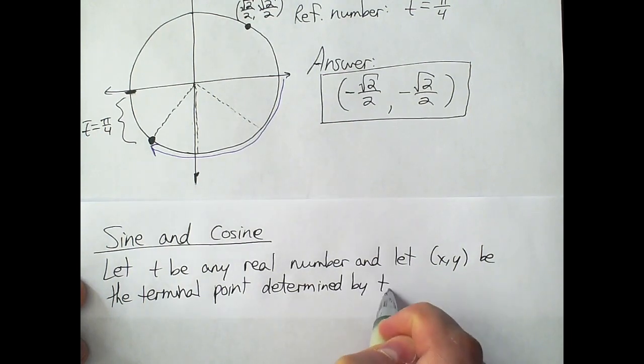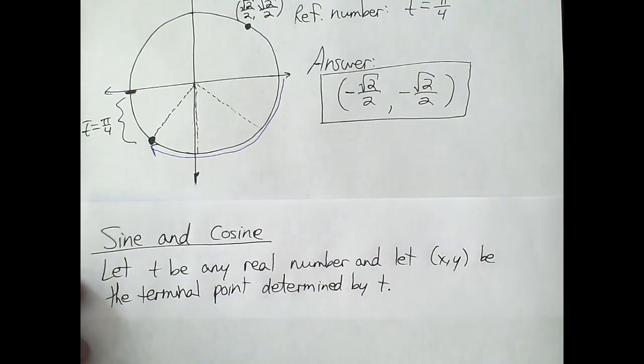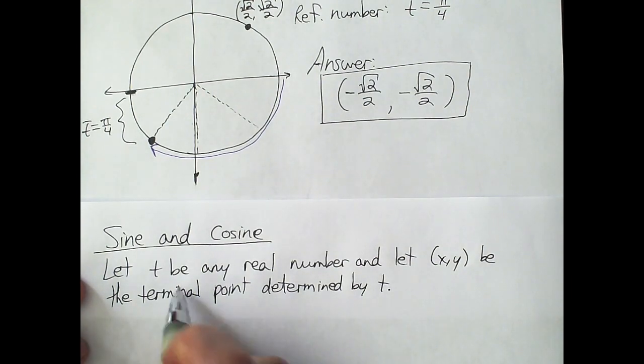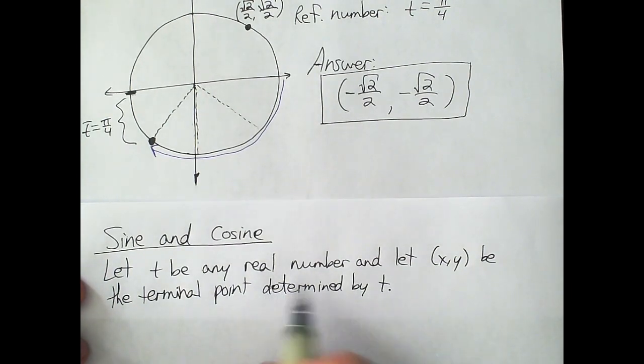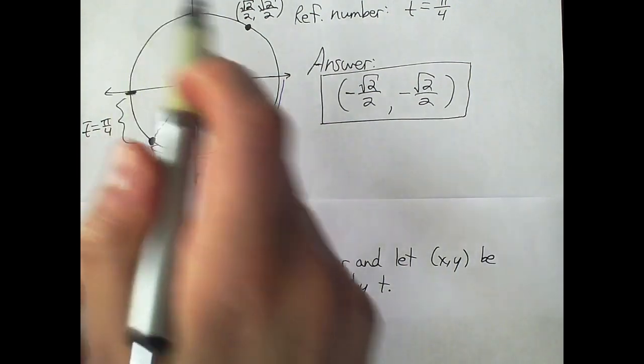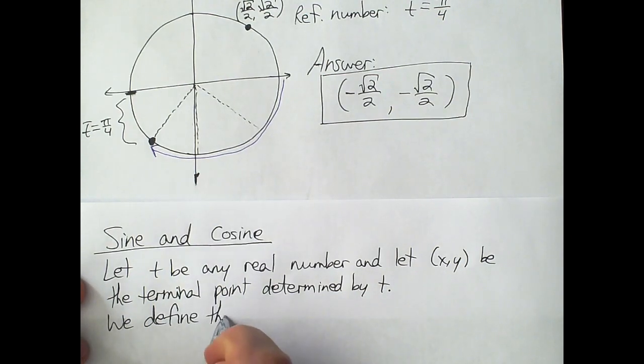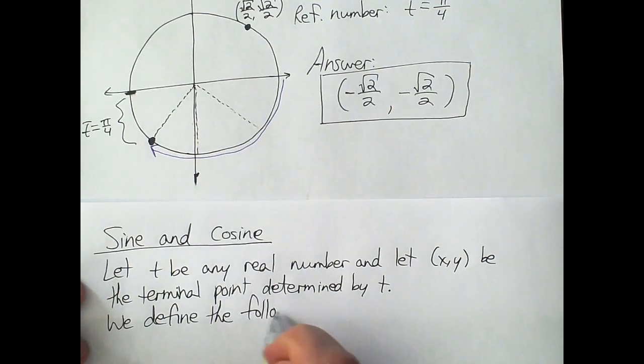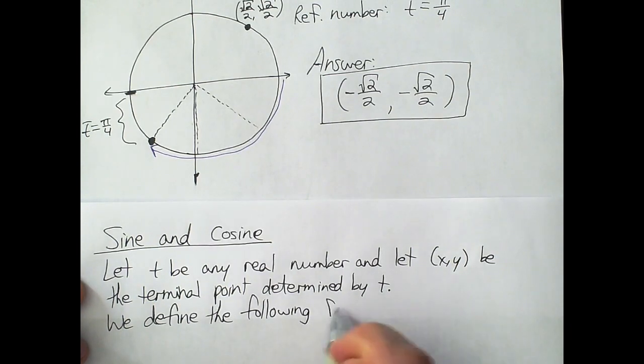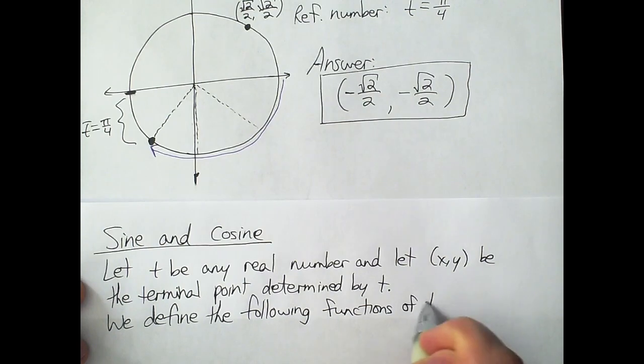So you know that x comma y is on the unit circle, right? Because every terminal point is on the unit circle. We go some distance around, but we're on the unit circle, right? We define the following functions of t.